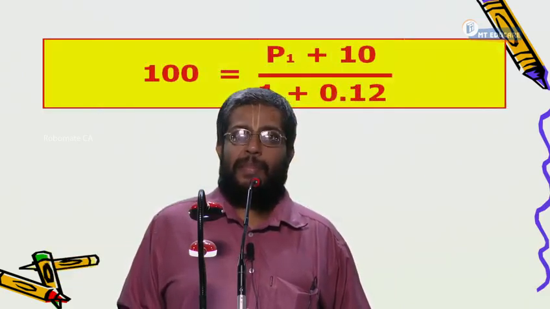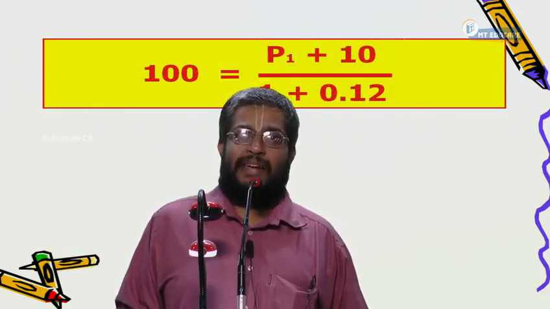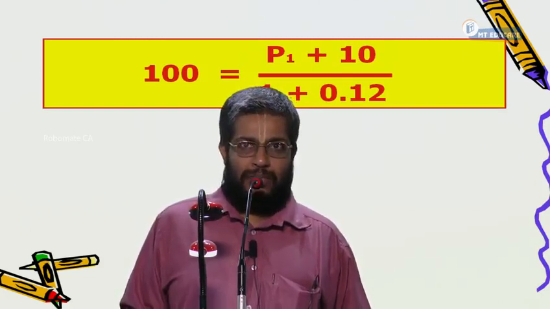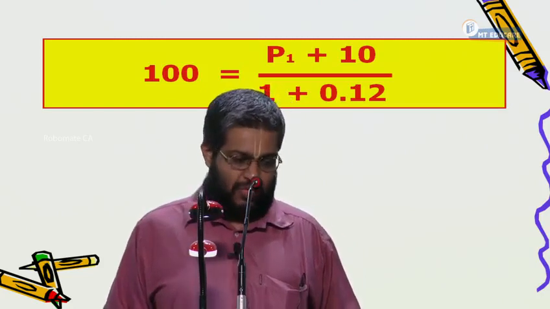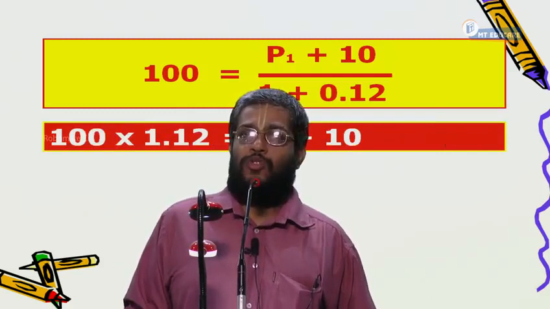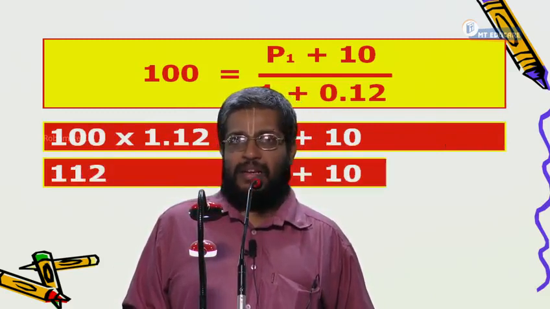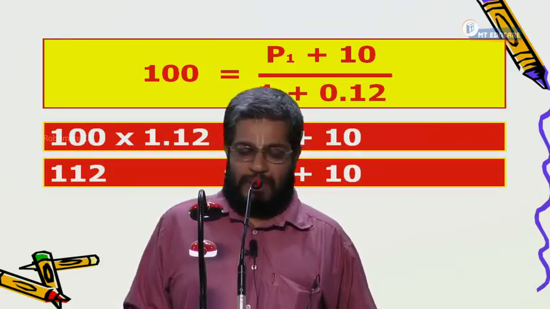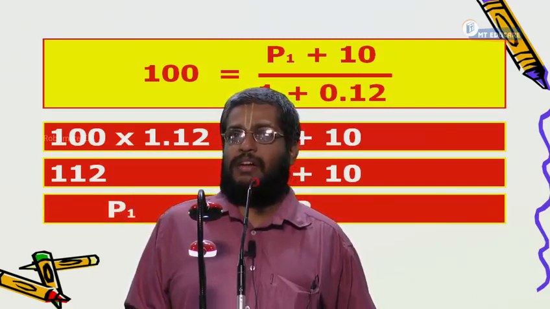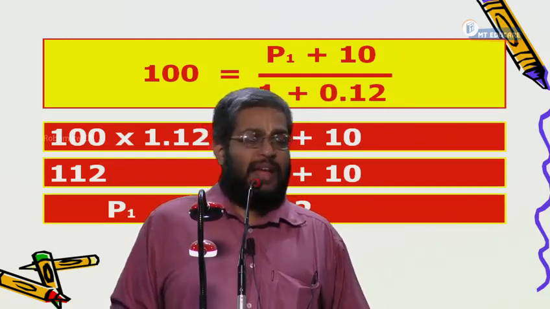Now, 100 is equal to P1 plus 10 divided by 1.12. 100 into 1.12 is equal to P1 plus 10. 112 is equal to P1 plus 10. P1 is equal to 102. Price at the end of the first year is expected to be 102. Can I proceed or not?